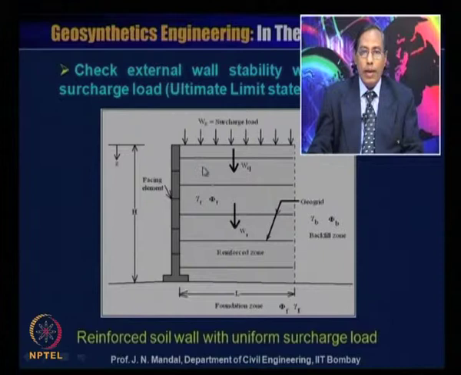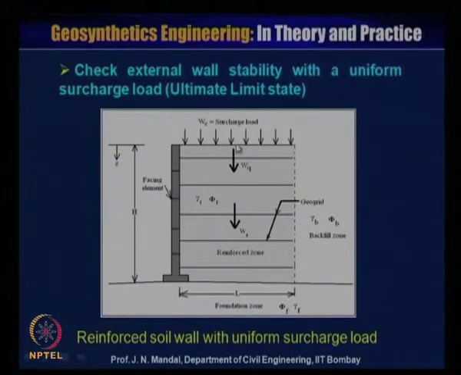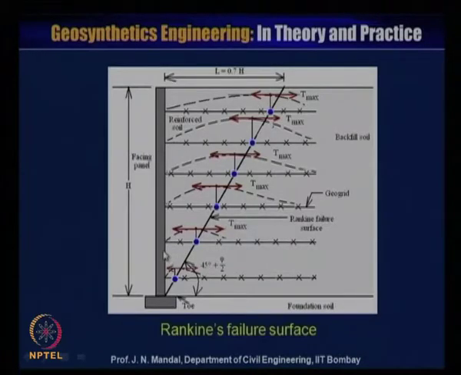Apart from this, there will be surcharge load. Here we are considering only the uniform surcharge load, which is designated as W of S, and with a slope angle it can also change the equation. So initially we are considering external wall stability with uniform surcharge load, and this is showing the Rankine failure surface.